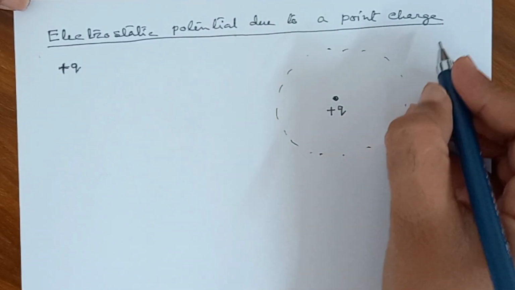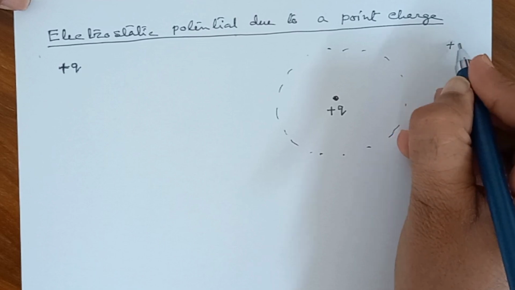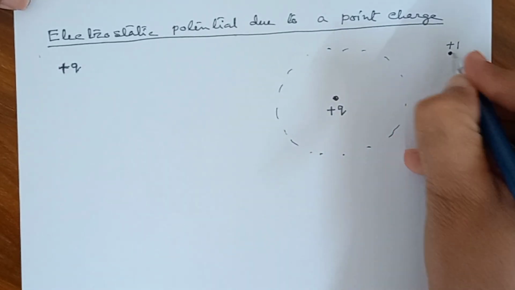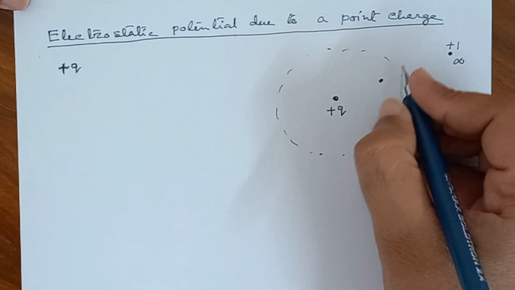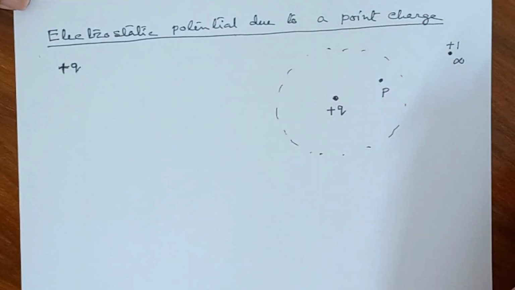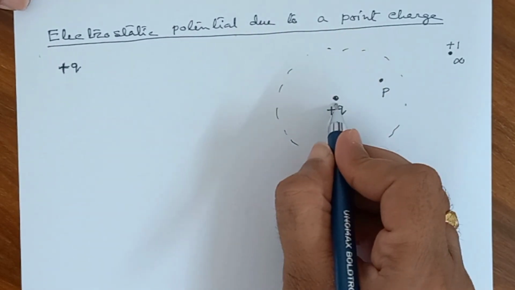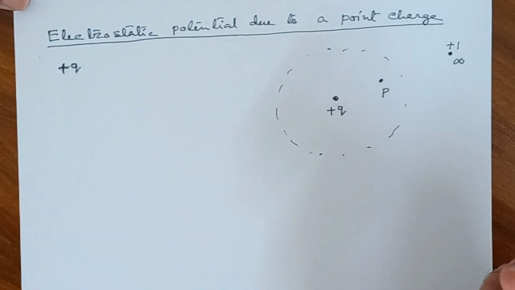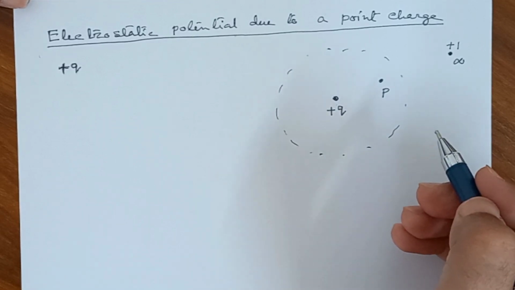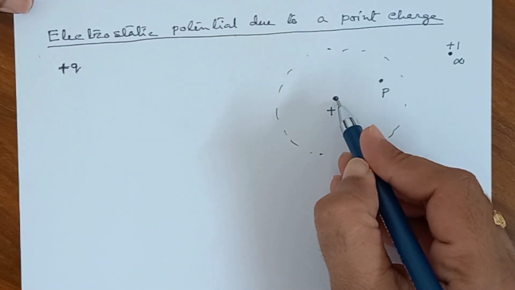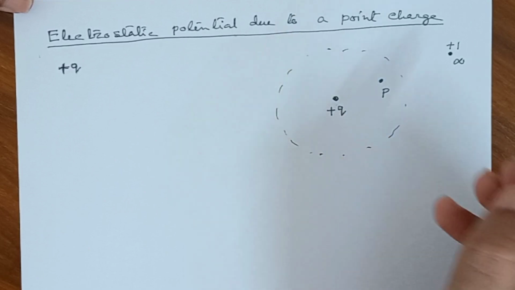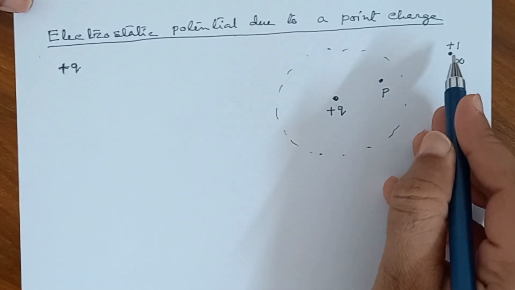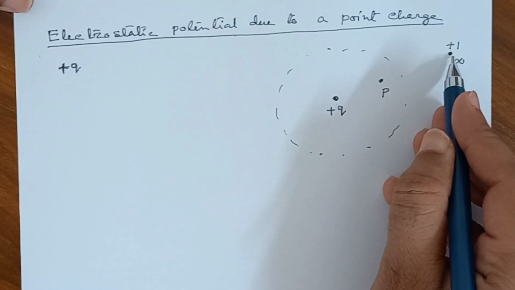If we want to bring a unit positive charge from infinity to any point, say P, inside the electric field of the point charge +Q, then we have to perform some work against the electrostatic field of this positive charge +Q, because this positive charge will repel the unit positive charge +1.